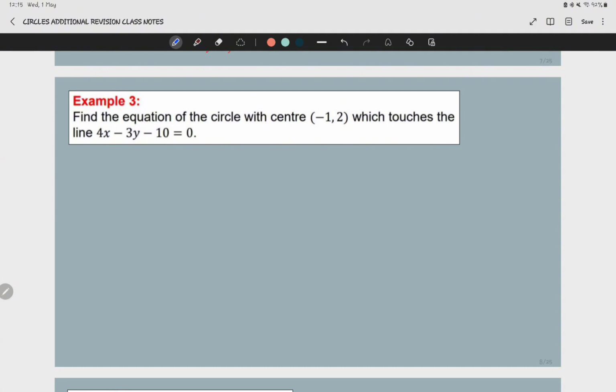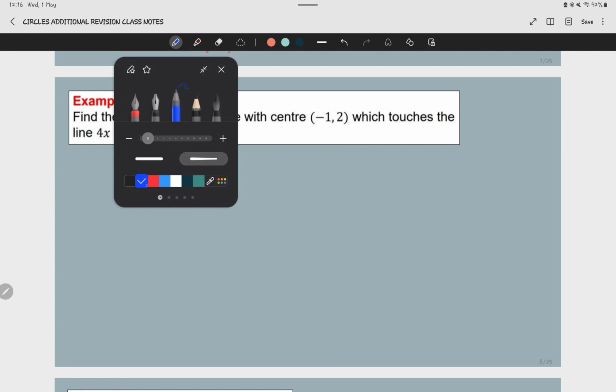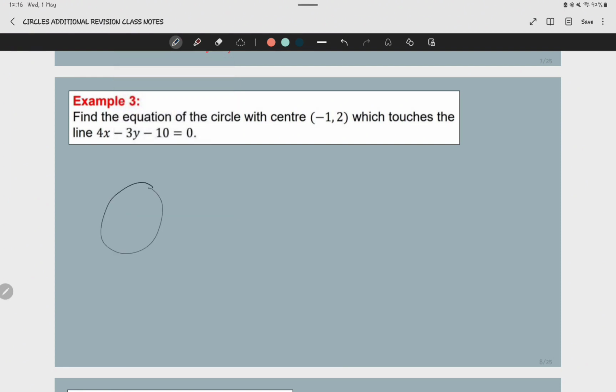So when we see touches, the thing that we can do is try to draw it. For example, the circle is here. Okay, the circle is here, the circle is a bit misshapen. Center is here, negative 1, 2. And then let's say there's a line. We try to rearrange it: 3y equals 4x minus 10.